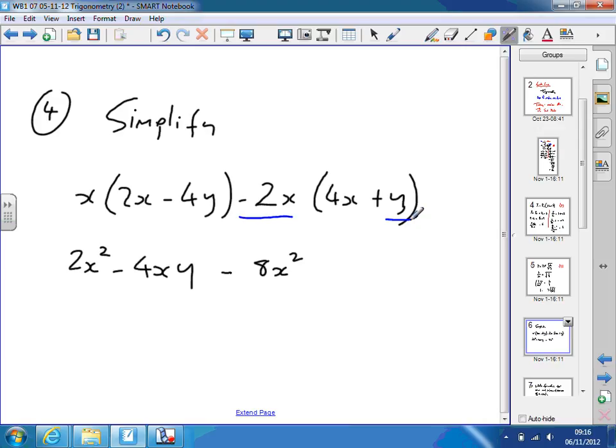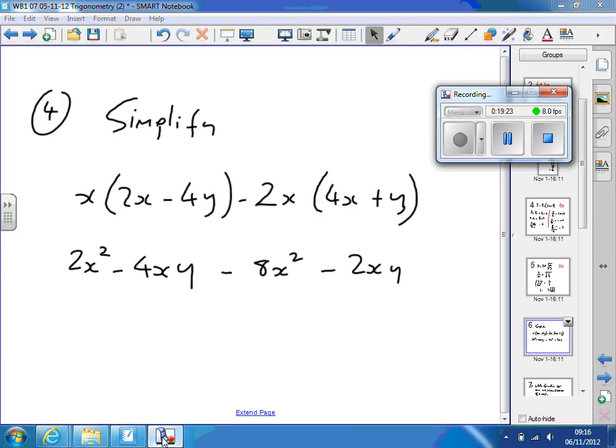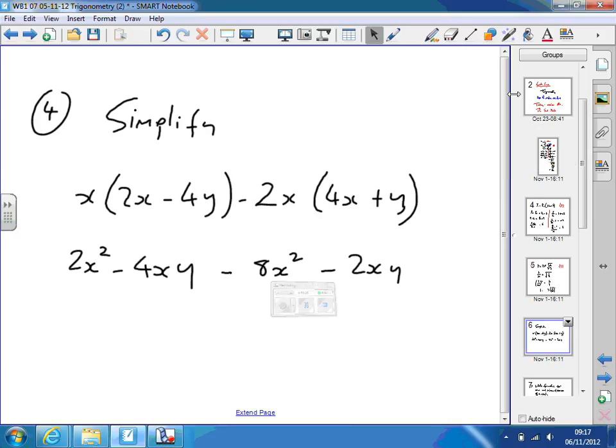So be careful of the signs here. Okay, we get to that point. Now we collect like terms. I've got 2 lots of x squared minus 8 lots of x squared gives me minus 6 lots of x squared.